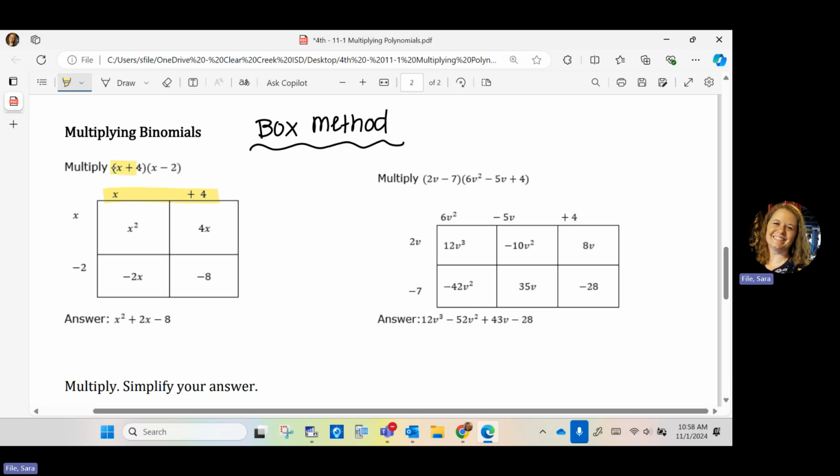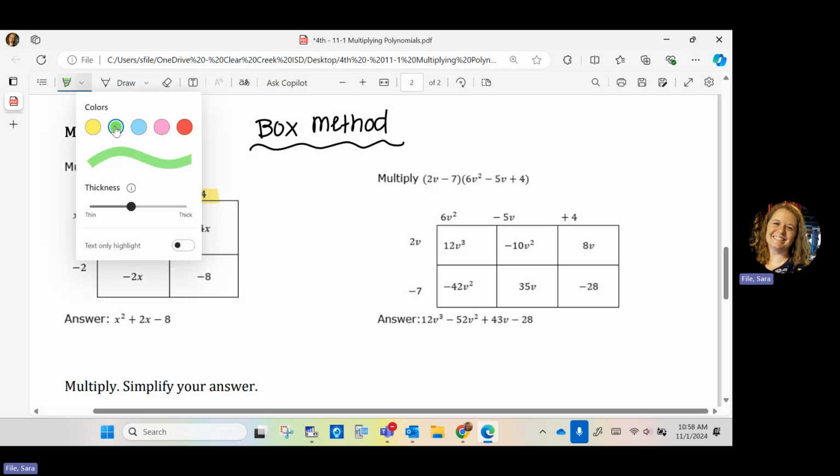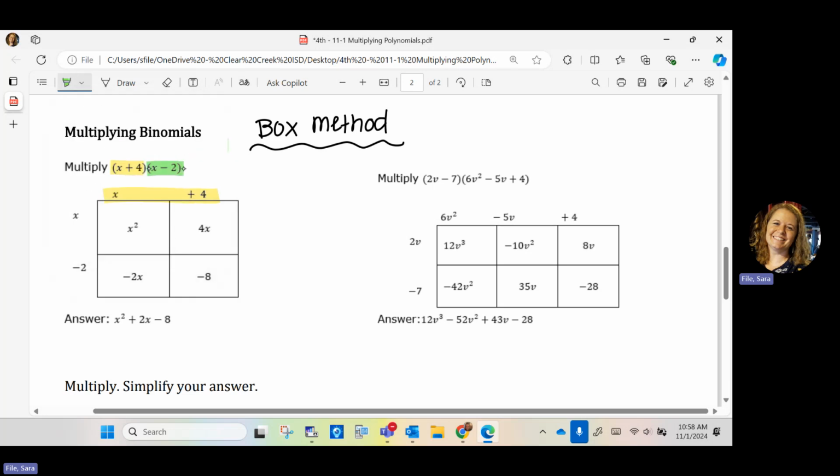And then your second binomial, x minus 2, is here. Then you're multiplying each of those terms by each other, and there's a box to make sure that you do all the multiplication. All 4 boxes should be full.